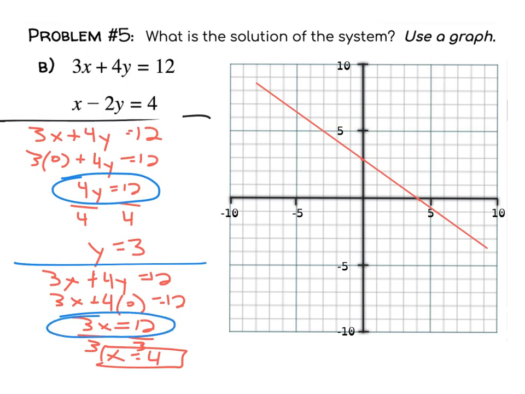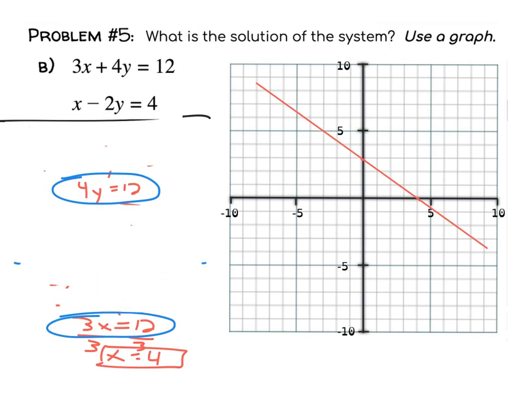Notice when you put in 0 for x, and let me actually erase here, you're just left with the y part of that equation, the simplified part of that equation. You can essentially say this part, 4y equals 12, right? That's just what you get right there.